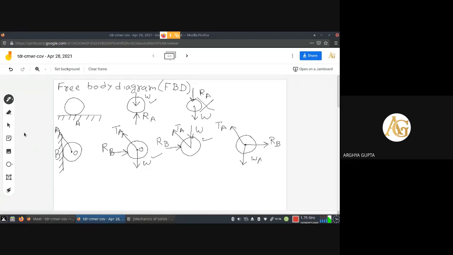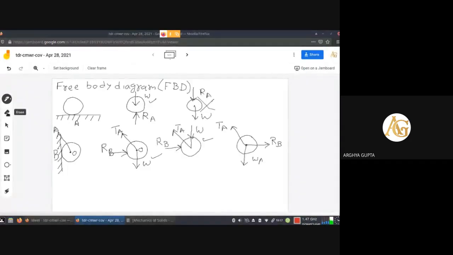Weight of the body. Okay. The diagram can be like that. So these are the ways to draw the free body diagram, different ways to draw the free body diagram.